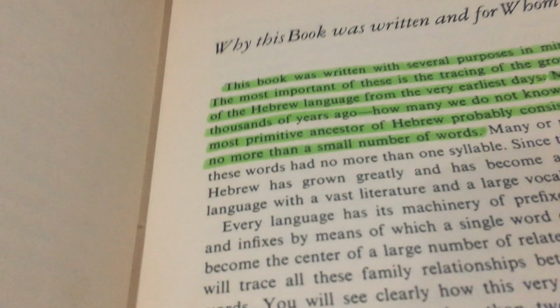All right. So like I said, man, I got a book right here called How the Hebrew Language Grew. I'm going to read a few things out of this real quick. And then we're going to get to the scriptures. It says, why this book was written and for whom. This book was written with several purposes in mind. The most important of these is the tracing of the growth of the Hebrew language.